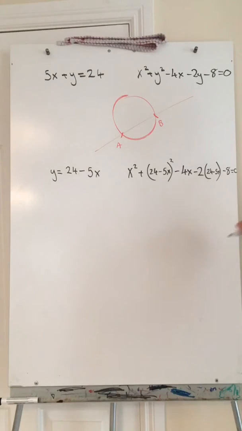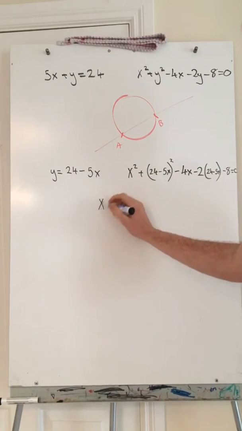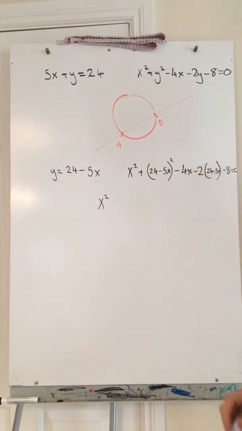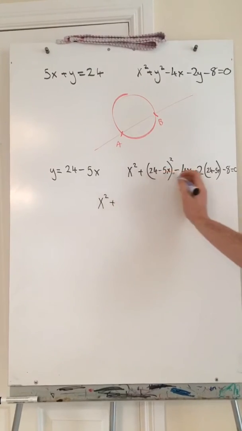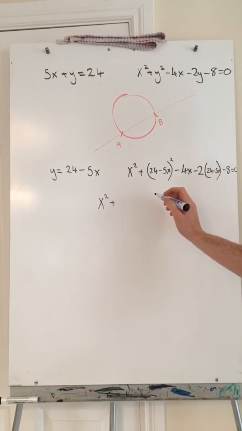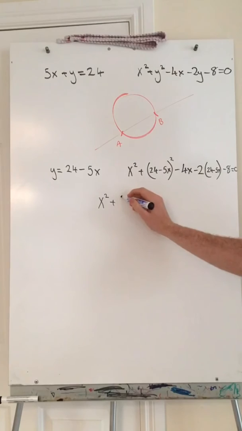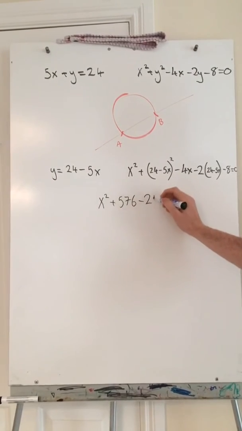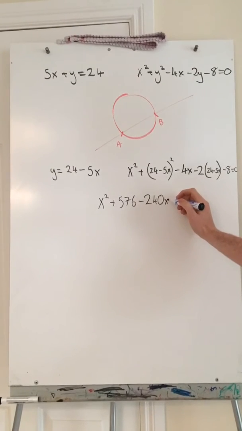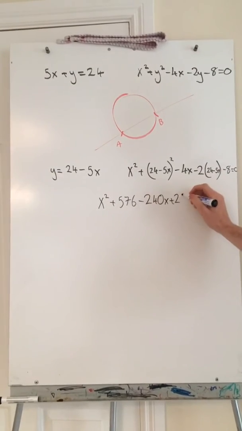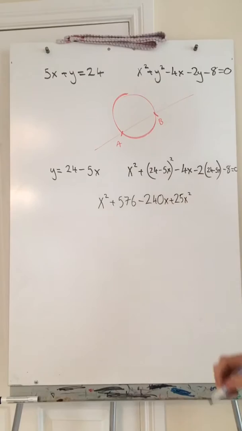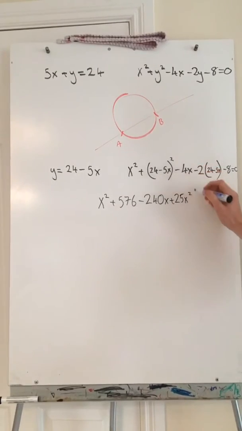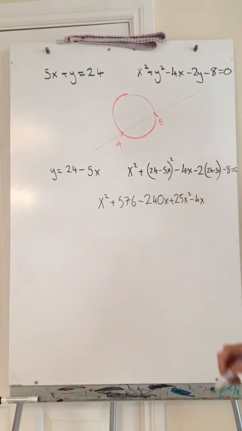Now it's just a matter of squaring all this out. That x squared is going to go there. Now I'm going to very quickly square this out. If we square this out, you're going to get 576 minus 240x plus 25x squared, minus this 4x.